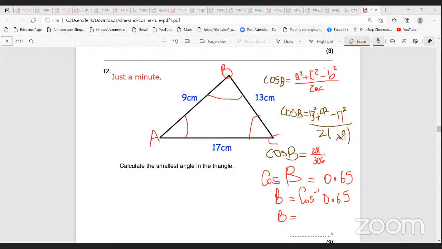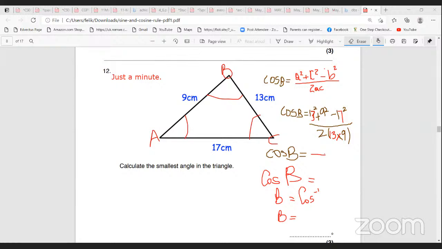You have 13 square plus 9 square. What is that? Miss, 250. Okay, 250.